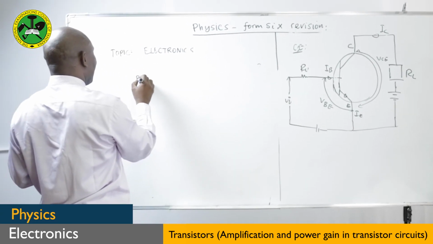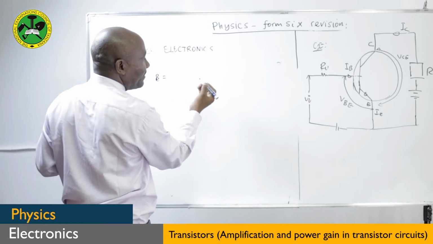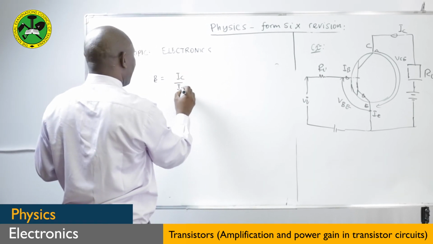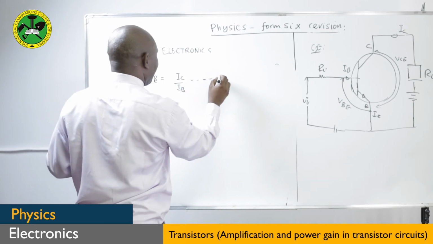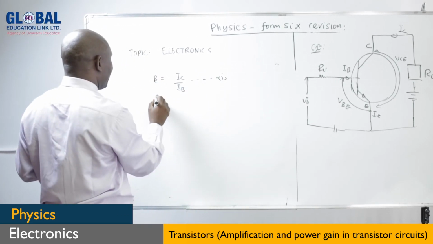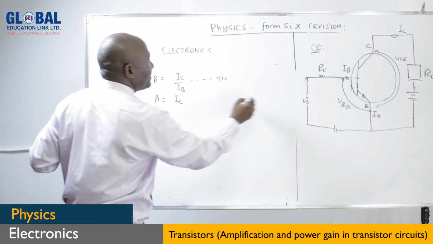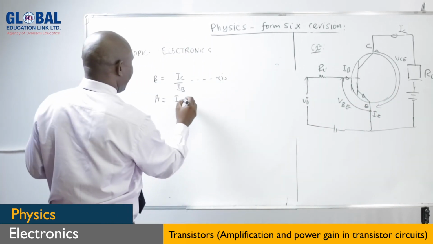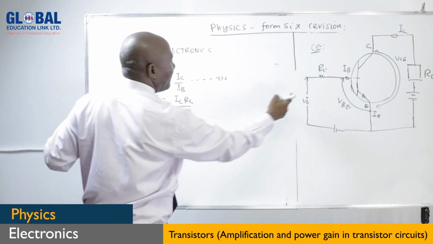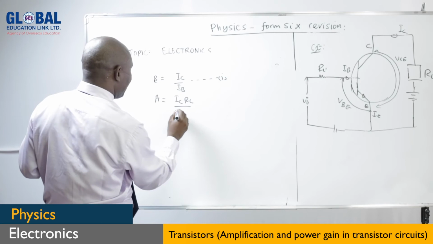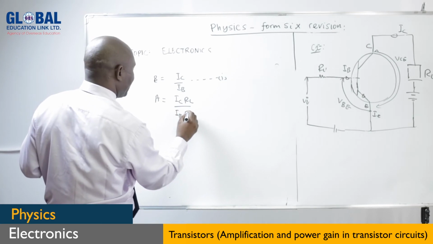The current gain, beta, is given by IC over IB. And then from here you can find the voltage gain. The output voltage is IC times the resistance RL, over the input voltage, which is IB, the base current, times the input resistance RI.